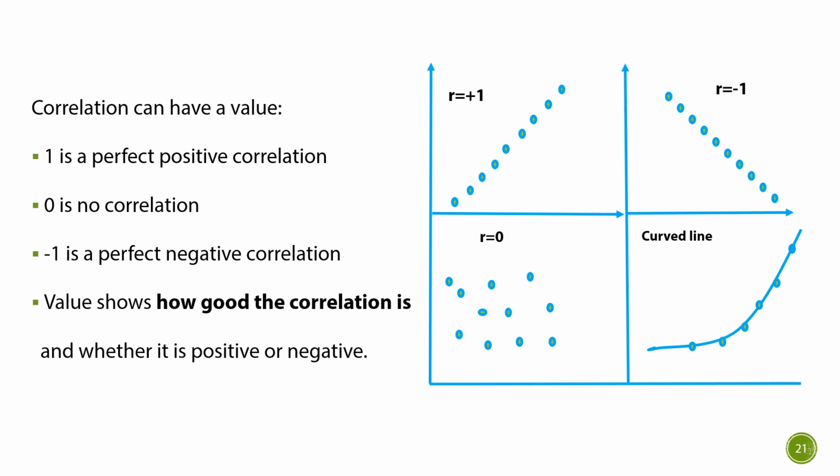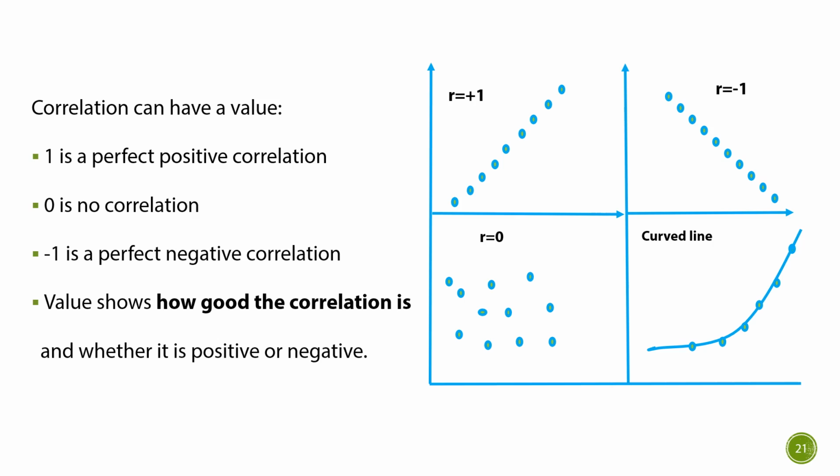Now in this diagram, we can see all types of correlation. There are 4 types of correlation coefficients given, and as per their values, the correlation is shown diagrammatically. When R is equal to +1, it is a perfect positive correlation. When R is equal to 0, there is no correlation.